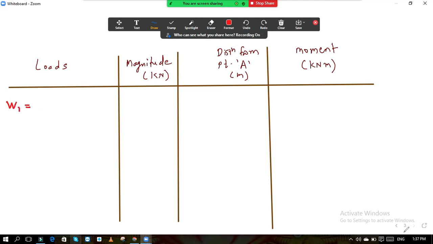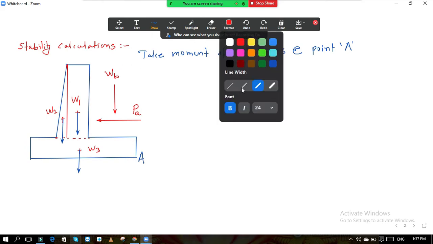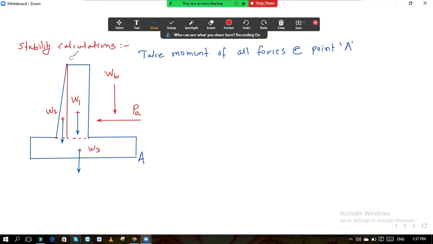If you go over here, this area is W1. Now how to calculate the weight of this W1? Here this is 0.2 meter, and this height is 5 meter, on this side from this point up to this point. This is made up of concrete. It is a retaining wall, so you will use concrete.